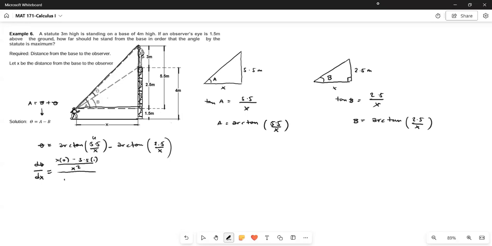Tapos, 1 plus u squared or 1 plus 5.5 over x squared, minus derivative nung nasa taas is x times derivative ng 2.5 is 0 minus 2.5 times 1. Derivative ng x is equal to 1 over x squared over 1 plus 2.5 over x squared. Yan. So next is equate natin siya sa 0.